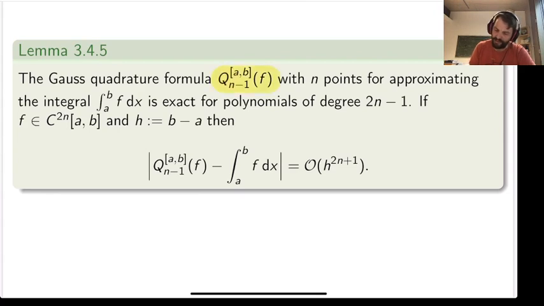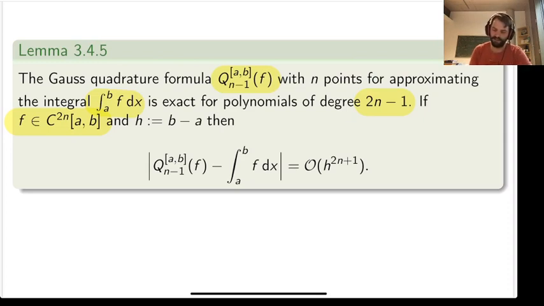on the interval [a, b] for approximating the general integral of f dx is exact for all polynomials up to degree 2n minus 1 if, and this is now important, this is also the crucial condition for getting the high order Runge-Kutta methods afterwards, we have a sufficiently smooth integrand. So f has to be C^{2n}.